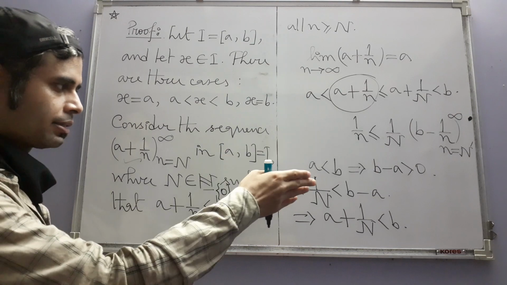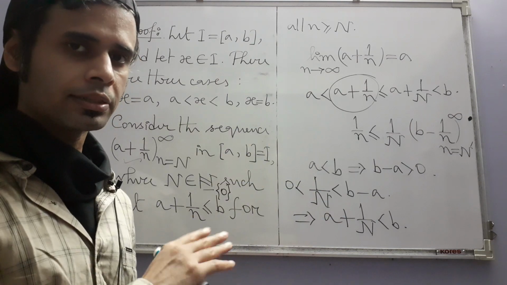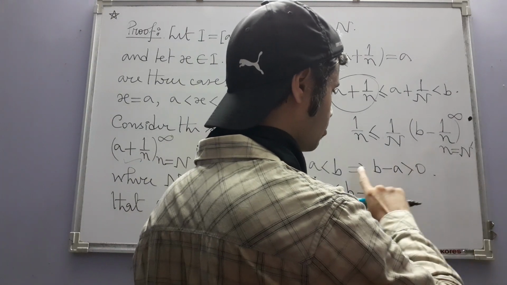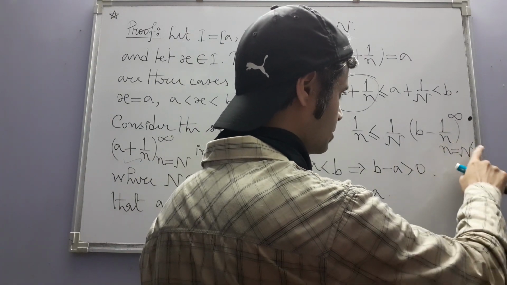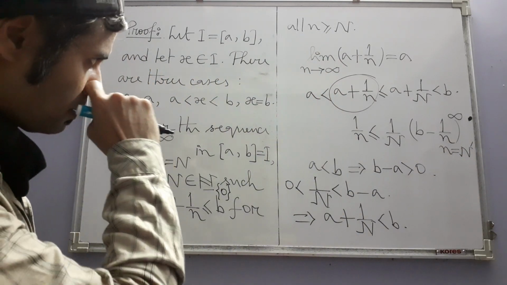This will make the terms of the sequence less than B, but at the same time they have to be greater than A. So to adjust that, you have to choose this n prime, again some positive integer, carefully.